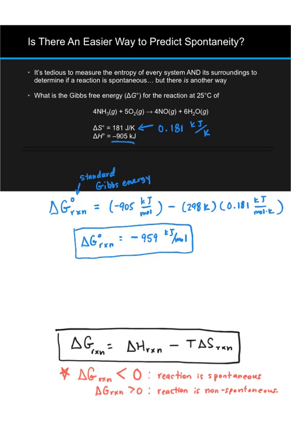Here we say that because delta G of our reaction is less than 0, our reaction is spontaneous. Without having to go through the slog of math that we did on a previous slide, we can tell directly from this calculation whether a reaction is spontaneous or not.